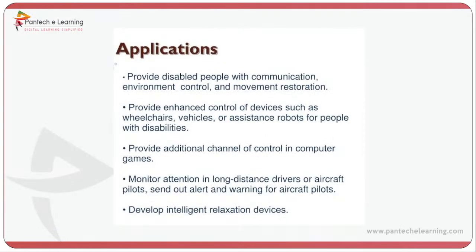So there are several applications also. Not only gaming or entertainment, but also wheelchairs, assistant robots, or people with a disability, where we need to control devices. In future many devices may be implemented related to this type of thing. Not only for a paralyzed person, but also for a person who is lazy or like that, they will also use this type of thing. They do not need to move anywhere, they just think and it is easily controlled.